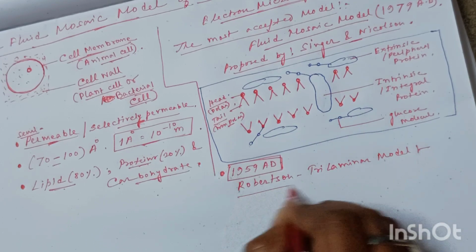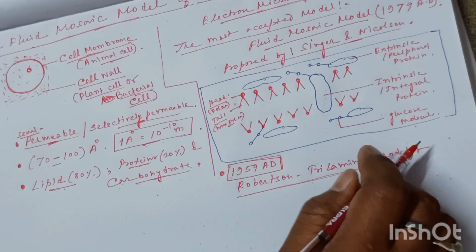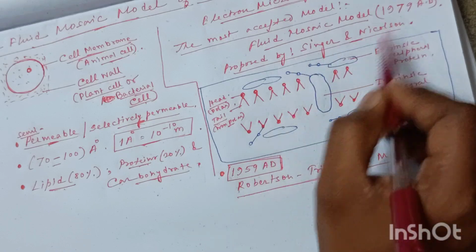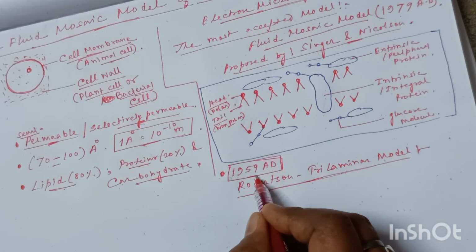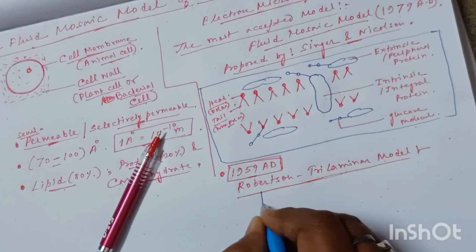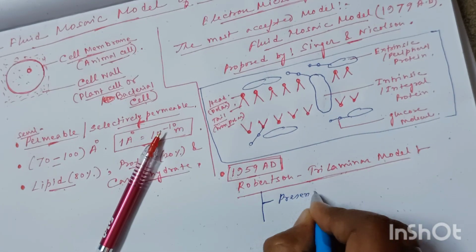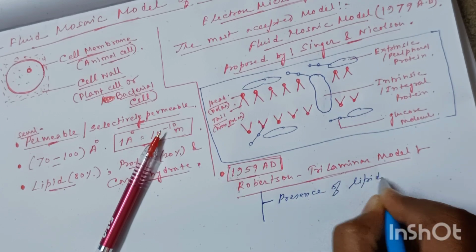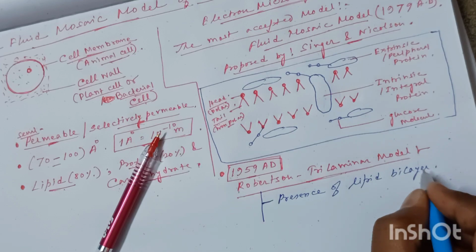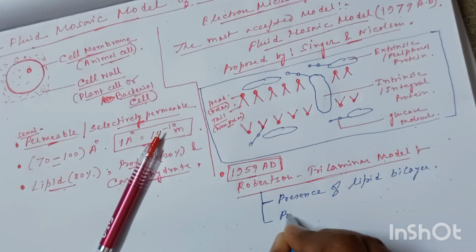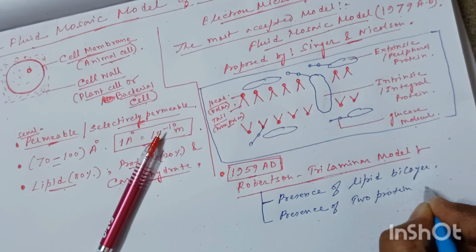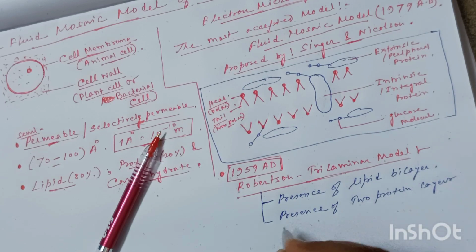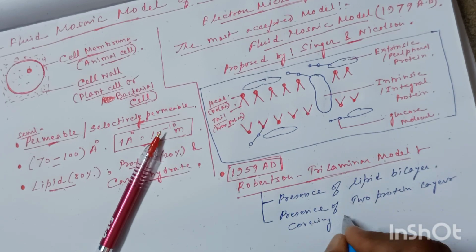The Robertson trilaminar model came before the fluid mosaic model proposed by Singer-Nicholson, in around 1959 AD, and it postulates the presence of a lipid bilayer in a cell membrane and the presence of two protein layers covering the lipid layer.